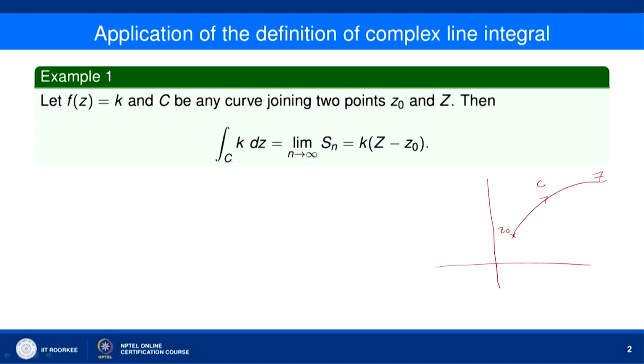Then the integral over C of k dz, which is the limit as n tends to infinity of S n, is equal to k times (z minus z naught).